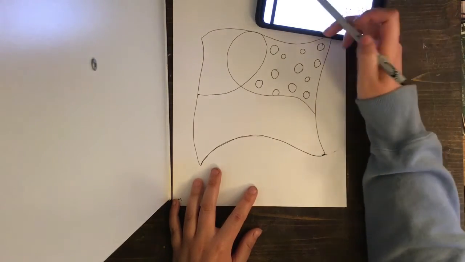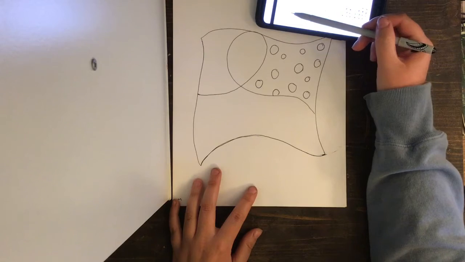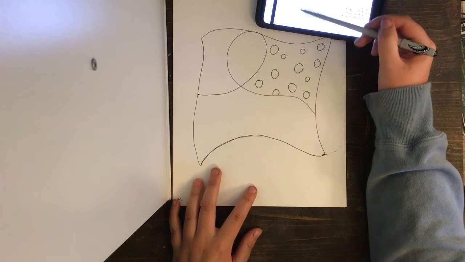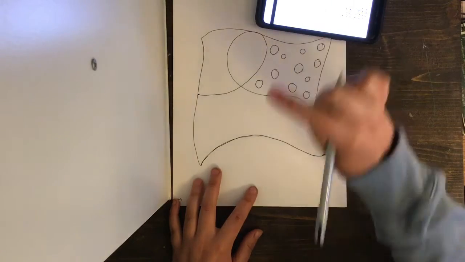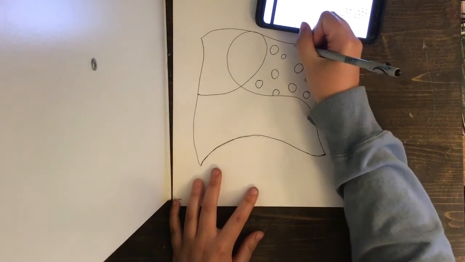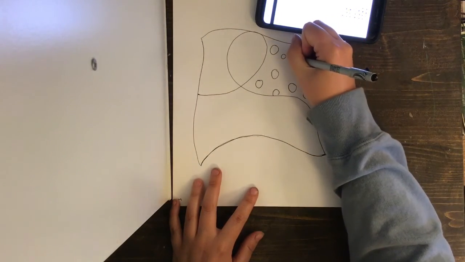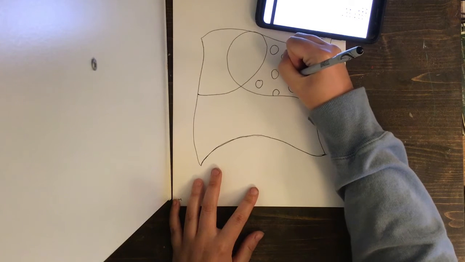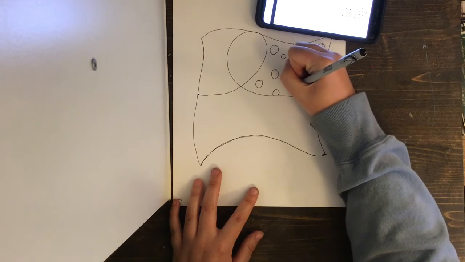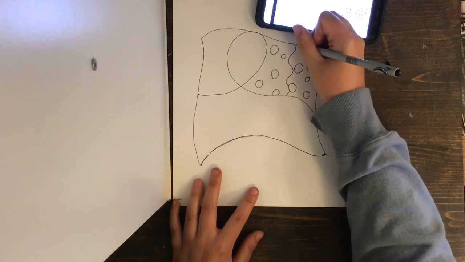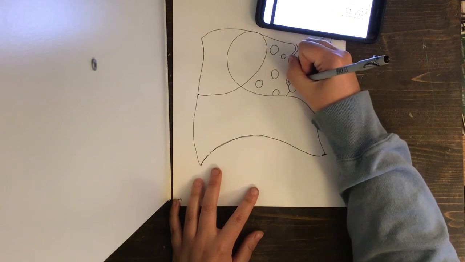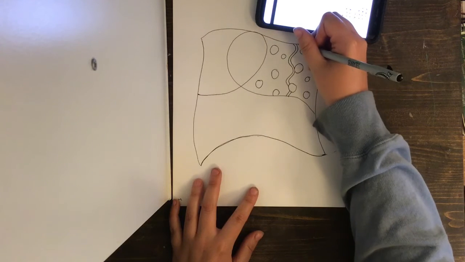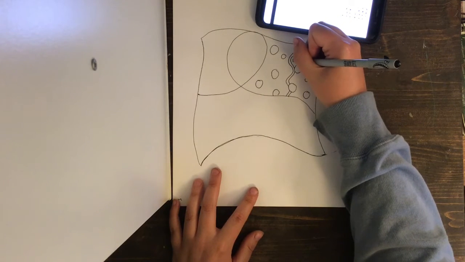Okay, so step 1, step 2. Step 3, it looks like, is to add these sort of wiggly lines in the background. And they go behind the circles. So if I hit a circle, I have to stop and continue the line on the other side. And so this is where you really need to take your time.